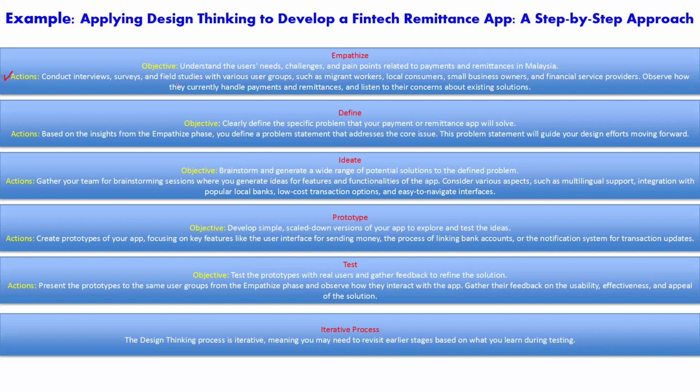This is the MVP actually. The prototyping is the MVP, where you create a prototype of your app, focusing on the key features like the user interface for sending money, the process of linking bank accounts, or the notification system for transaction updates.